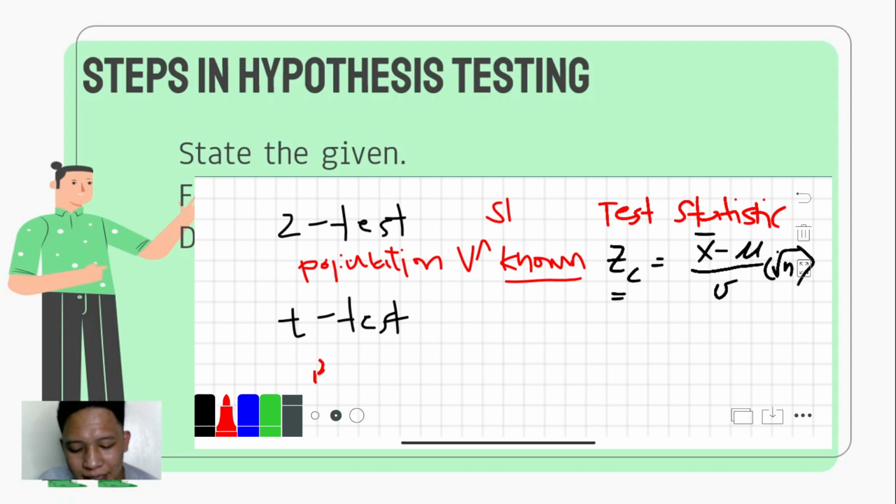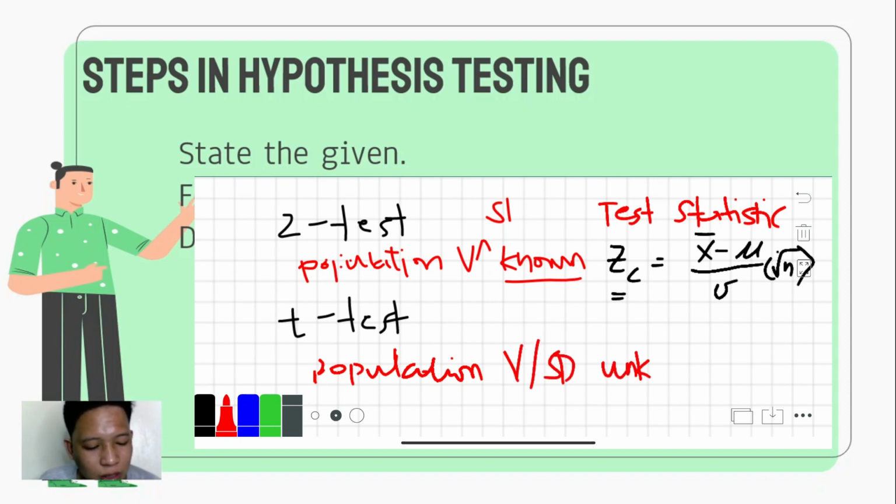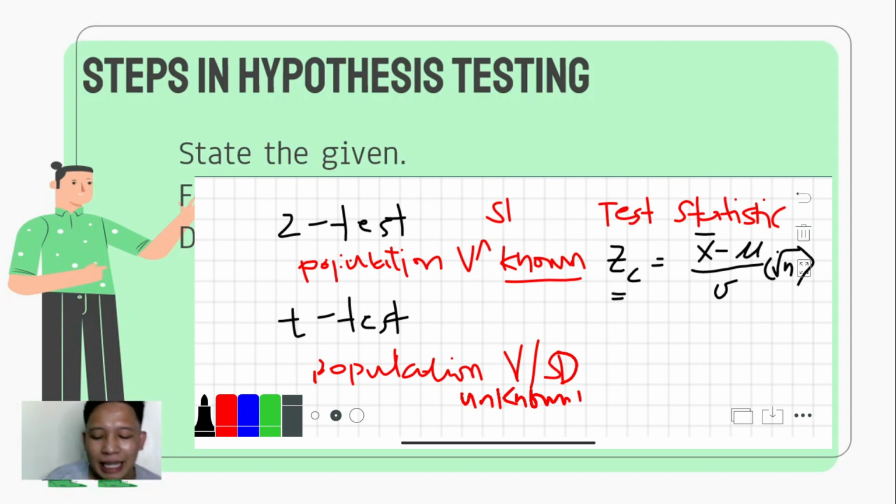Ginagamit natin ang t-test if the population variance or the population standard deviation is unknown, or hindi natin alam yung population variance or population standard deviation. So, unknown po ito. So, paano naman po natin kukunin yung test statistics ng ating t-test?